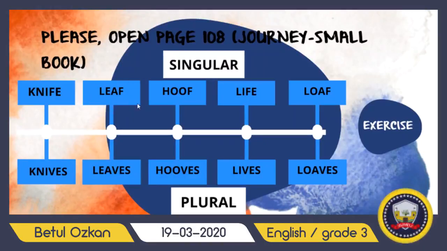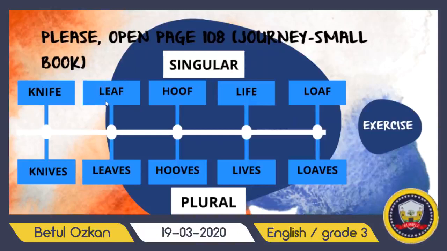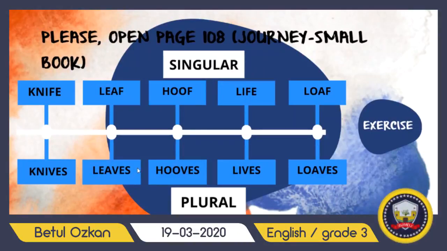Remember leaf. If there is only one leaf, I'll say leaf. But if there are more than one leaf, I'll write leaves. Perfect. Hoof. If there is only one hoof, I'll write hoof. If there are more than one, I'll use hooves.